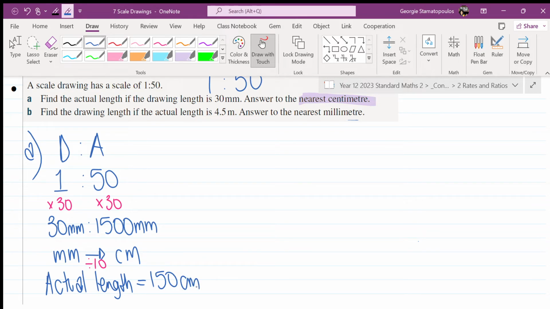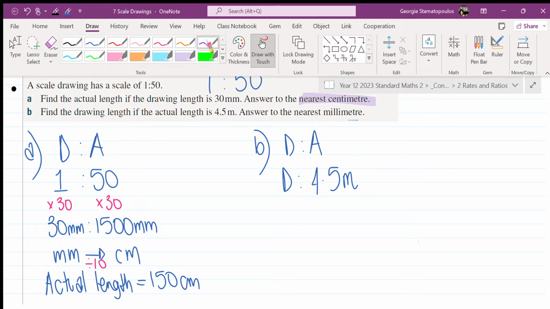The next example is find the drawing length. Drawing to the actual length, we've got D to 4.5 metres. When we were going to the actual length, we were multiplying. But this time we're going to something smaller, so we need to divide.